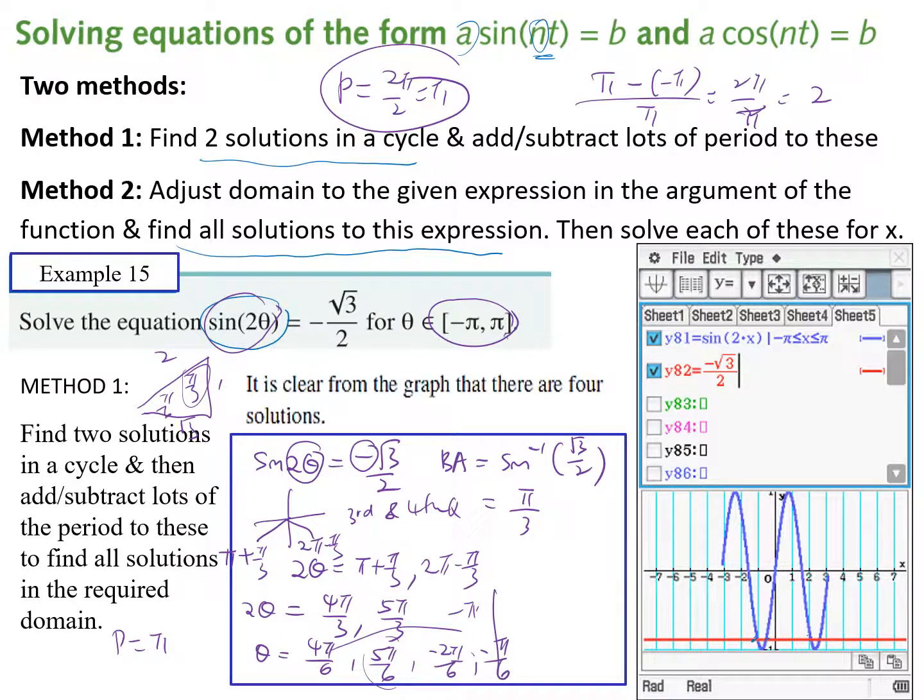So therefore, all the solution set for theta, in short, theta is equal to negative pi on 6, negative pi on 3, 4 pi on 6, which is 2 pi on 3, and 5 pi on 6.